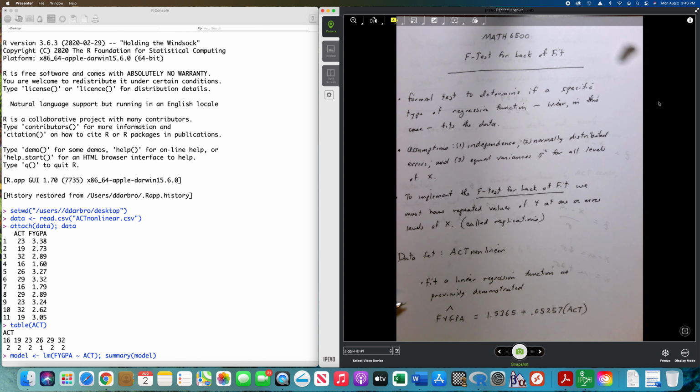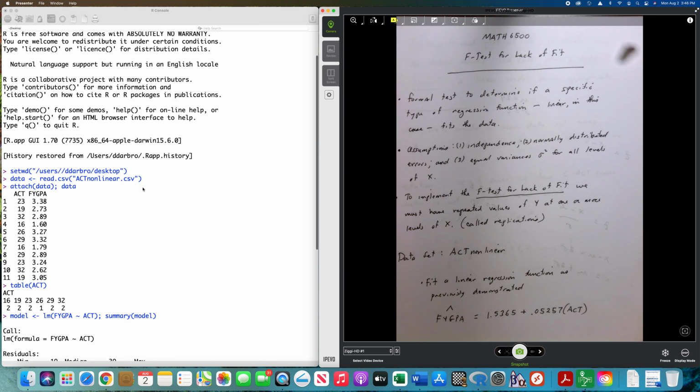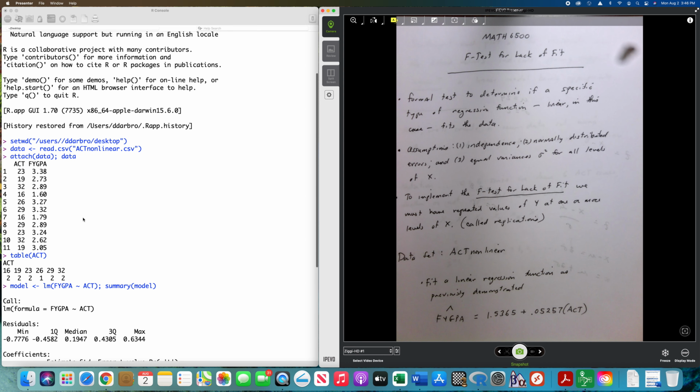So anyway, we start out by fitting a linear model, a linear function, just as we've previously done. The data set that I have already installed in R is called ACT nonlinear. The independent variable is ACT, the predictor, and the response, or dependent variable, is first year GPA.